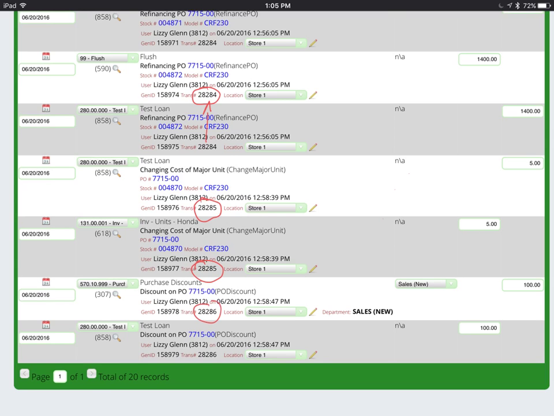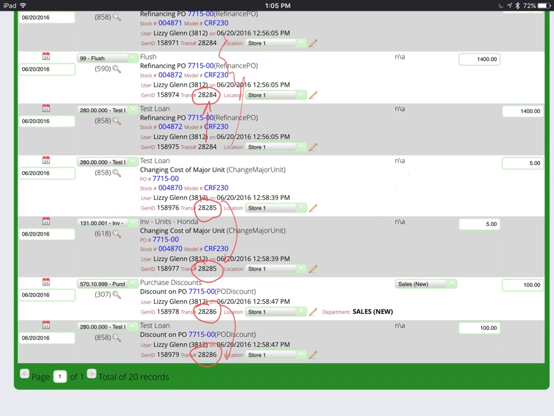And then again, here and here is another different transaction. These two are related and these two are related, and then everything up through here is all related. But the point is that because these transaction IDs are different, it lets me know immediately that these things did not happen at the exact same point in time.